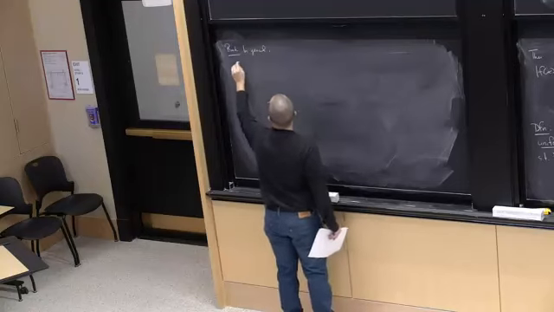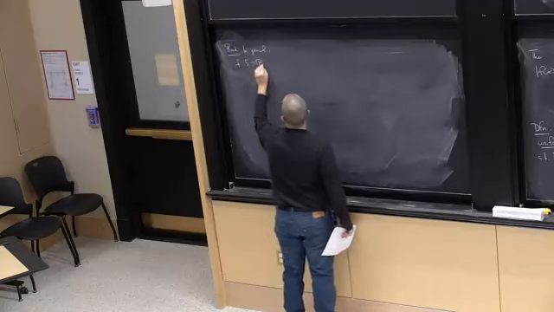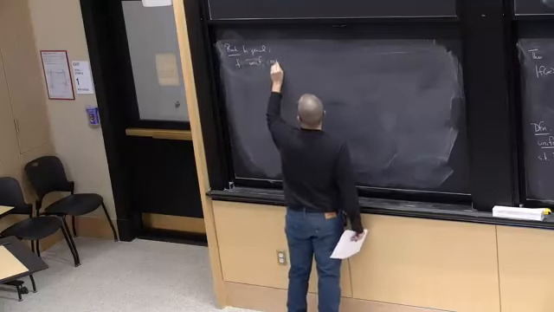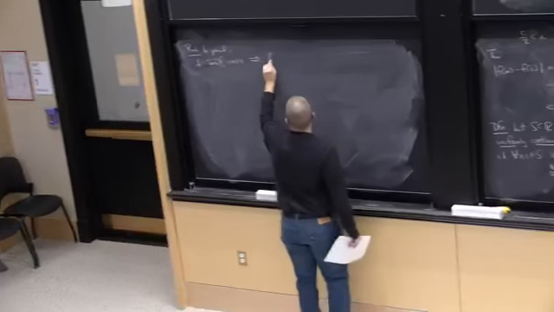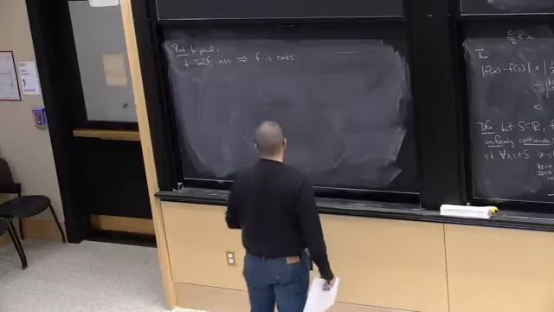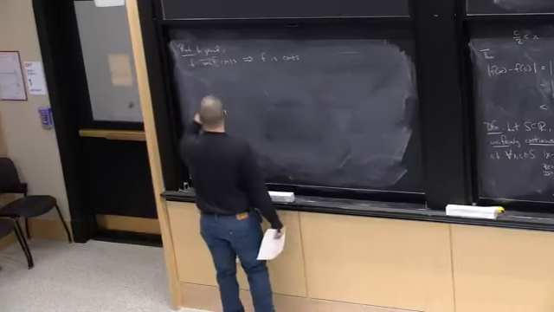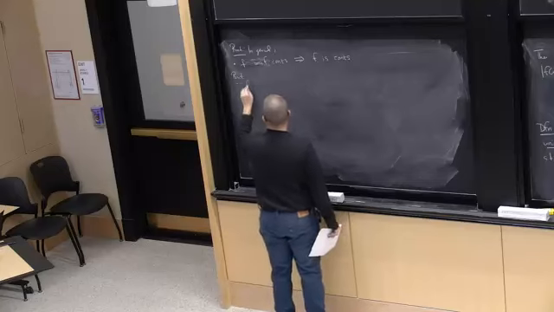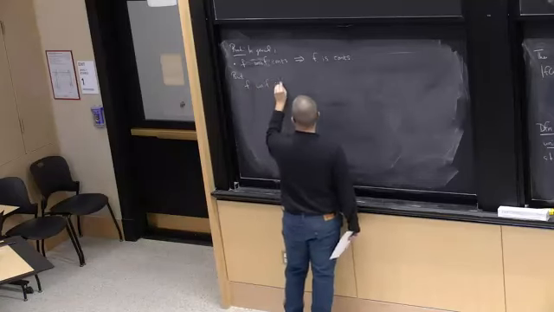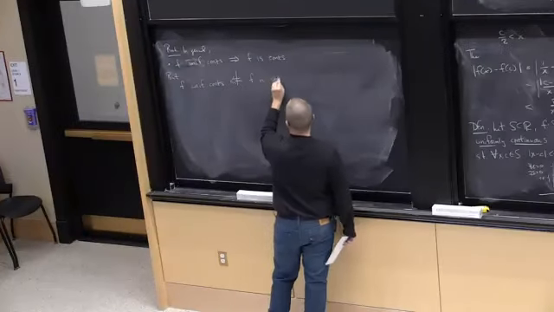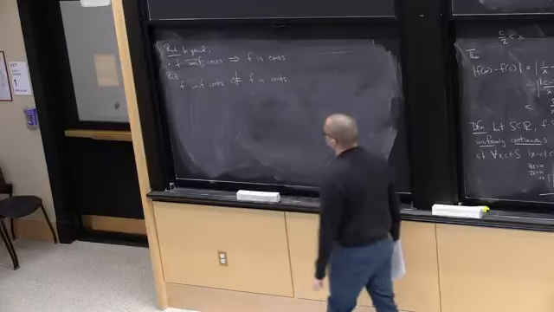In general, f uniformly continuous implies that f is continuous. This just follows from the definition. This is not difficult to show. But the converse does not hold. Okay? As we've just seen, right?